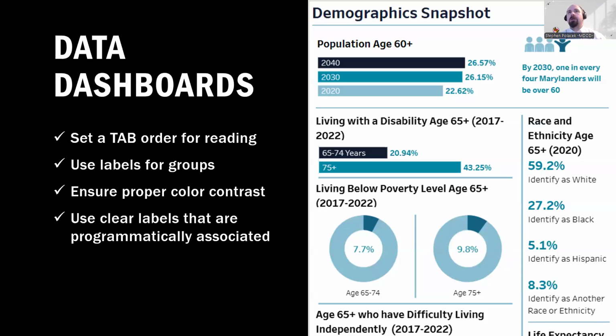So by making sure that we look through that reading order, we make sure that a user is able to look at the information they want, or the information that they should before they get to other information, or that would make logical sense. Because if I jump from living with a disability to race and ethnicity, and then back to living below poverty level, but I'm using tab, I'm sighted, but I can't use a mouse.